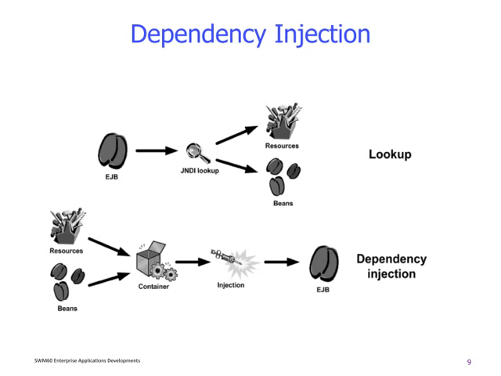With dependency injection, we have the beans developed and deployed onto the container. The resource is also deployed onto the container, and when this is deployed, those resources are injected into the EJB.